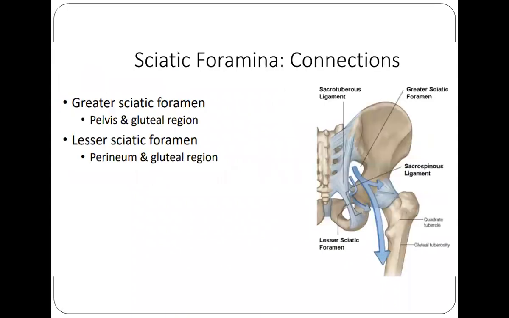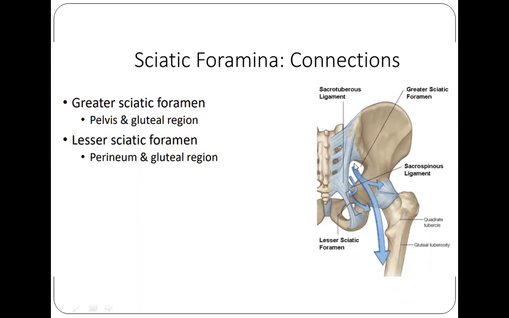Now, the gluteal region is connected to other body cavities, if you will. Okay, these arrows depict how the gluteal region is present in this posterior view of the hip bone. Just look at where this arrow is emerging from.